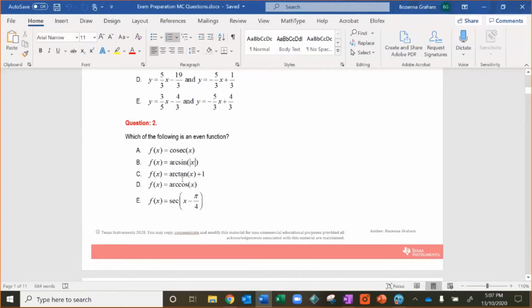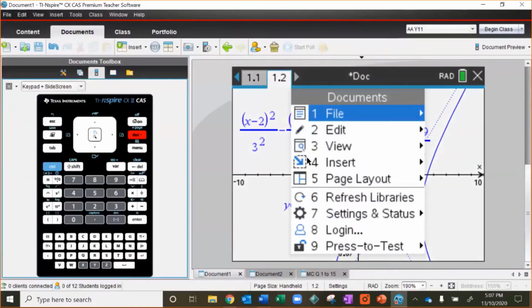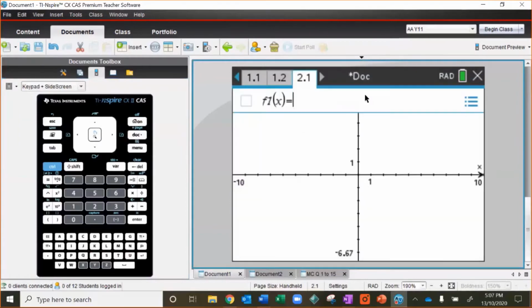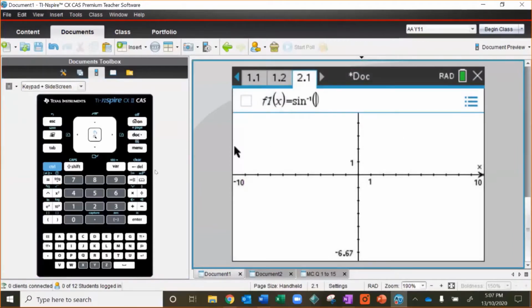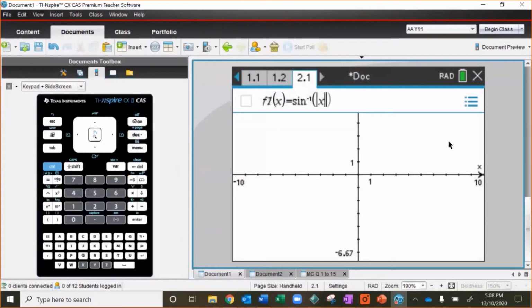So let's sketch arc sine modulus x on our calculator. So we'll enter doc, we insert a new problem, and we do graphs, and we'll go trigonometry, inverse sine, so it's the same as arc sine, and from our template we need to get modulus x.